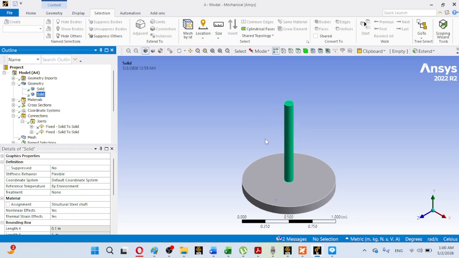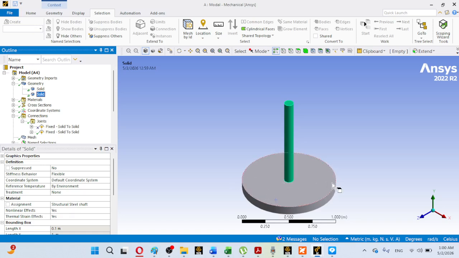The data for this shaft was 0.05 as the radius and 0.1 as the diameter, and its length was assumed to be 1 meter. And for this rigid disc, the data used was 0.5 as the radius.